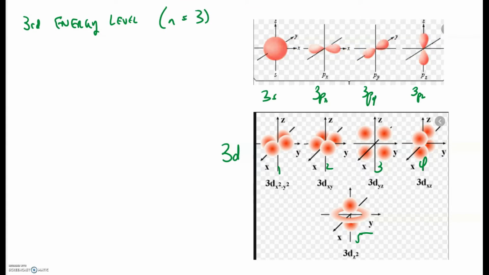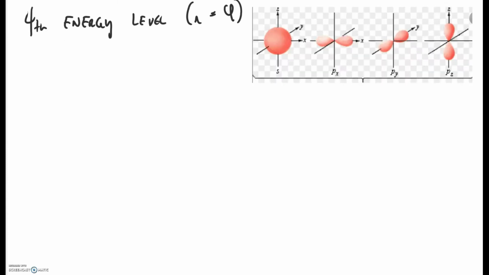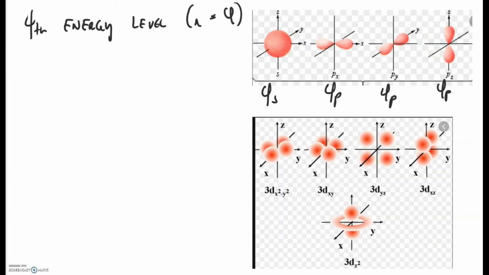And lastly, at the fourth energy level, we are at n equals 4, and the orbitals that are available here are, we have an s-shaped orbital, our 4s. We have 3 identical p orbitals at energy level 4, and we have our 5 identical d orbitals at energy level 4, and we're going to call these the 4ds.